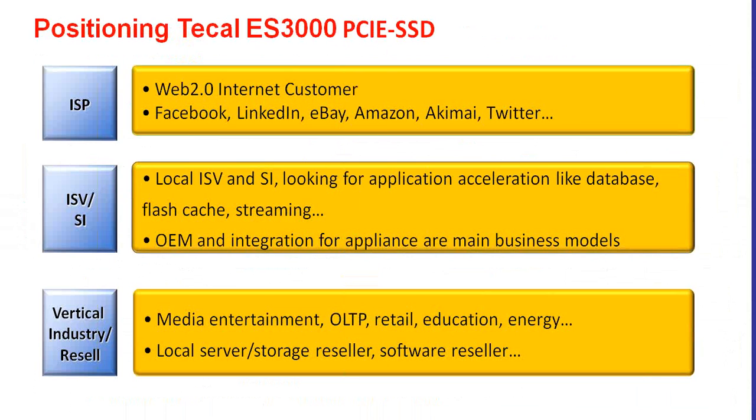If that doesn't solve your problem, then go ahead and implement a new CPU with higher core count. I'm working with two customers right now. They are seeing very positive results. These are life science environments testing our 2.4 terabytes. We have, of course, seen this in other environments such as SQL databases as well, and in vertical industries like media entertainment, OLTP, retail, education.